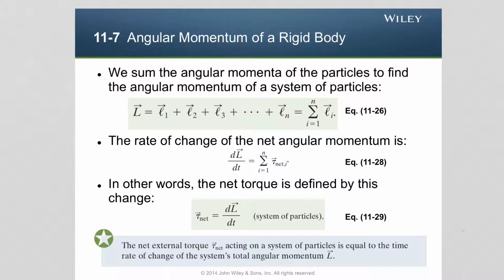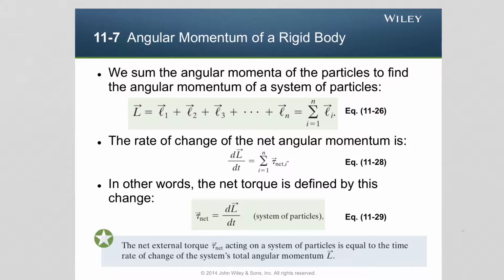And so if I take the time derivative of the total angular momentum, then I'm going to get the net torque that acts on the entire system of particles. Or in other words, the net torque acting on the system of particles is equal to the time derivative of the total angular momentum of the system of particles. So this is just a generalization from one particle to an infinite number of particles.